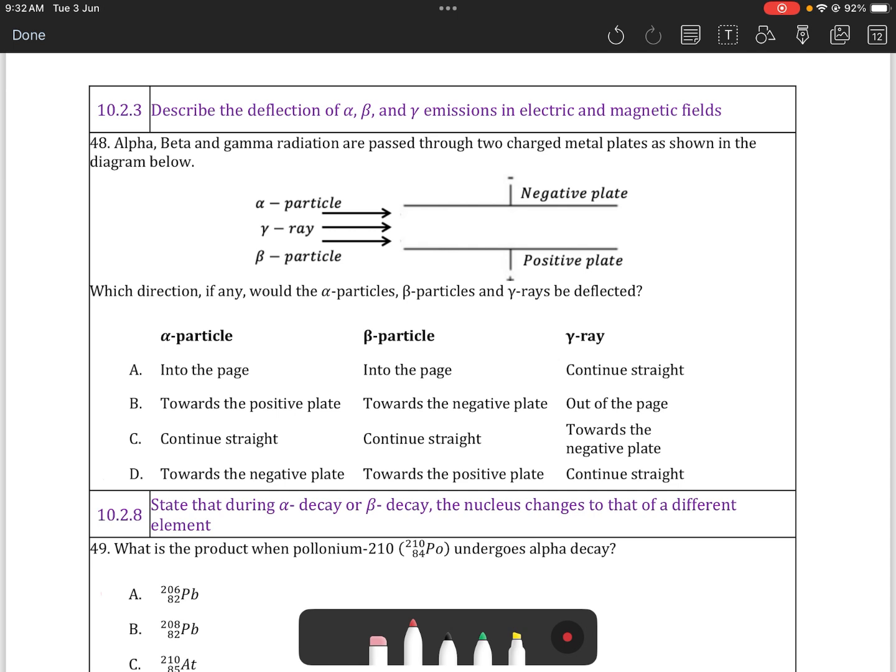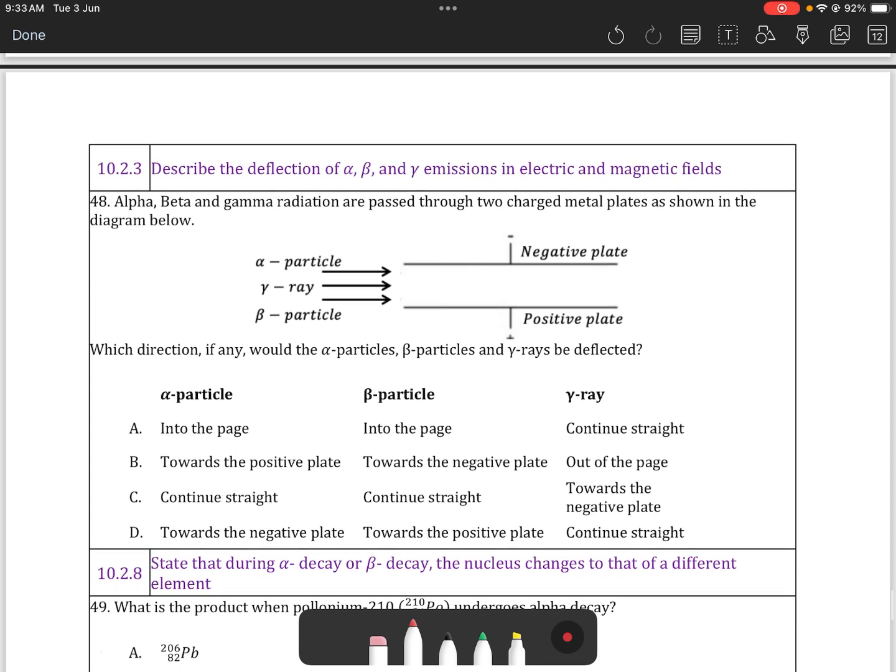Let's look at the next question. Now, if we have this field and we have alpha, beta, gamma particles going through this field, alpha is positive, so it will be attracted to the negative. Gamma is a ray, so it will not be affected by the field. Beta will be attracted to the positive.